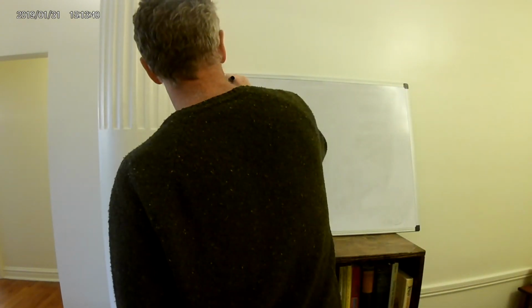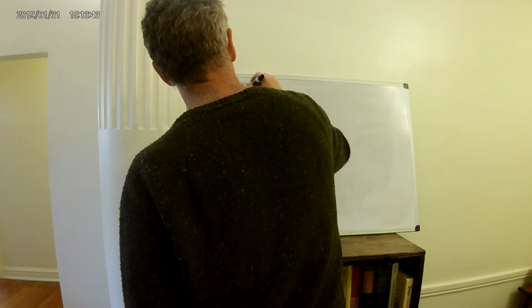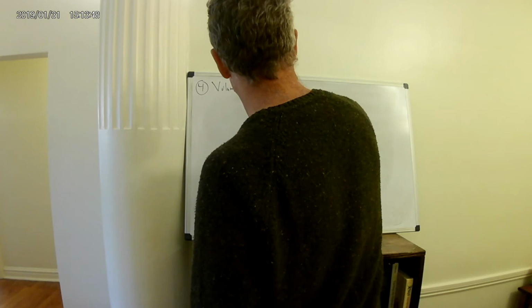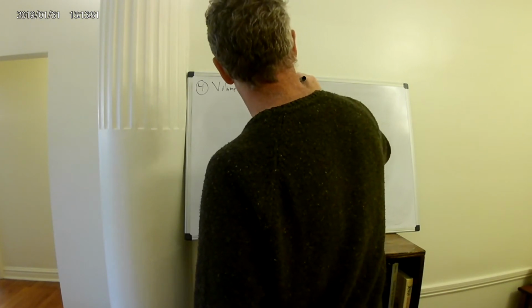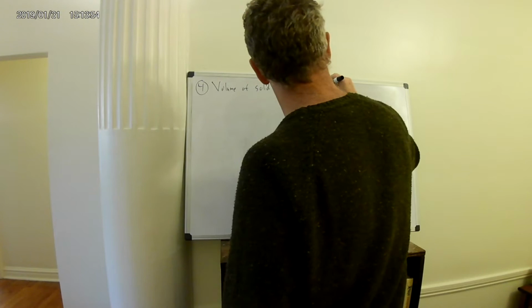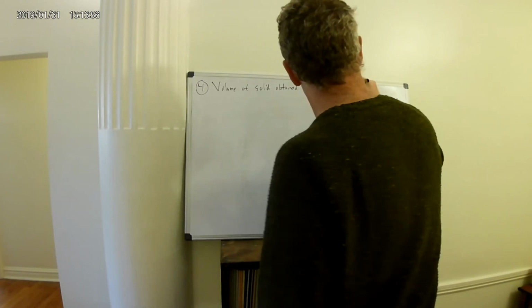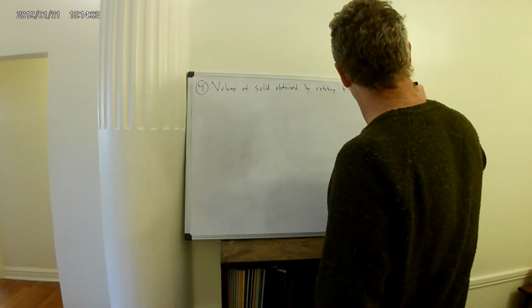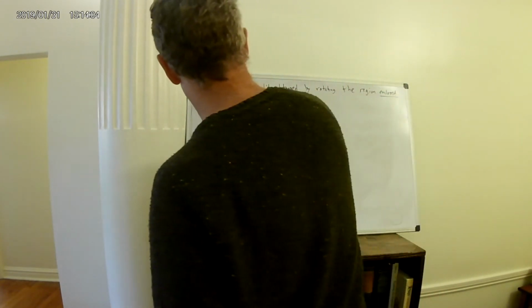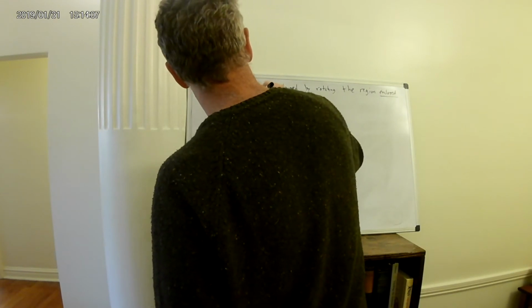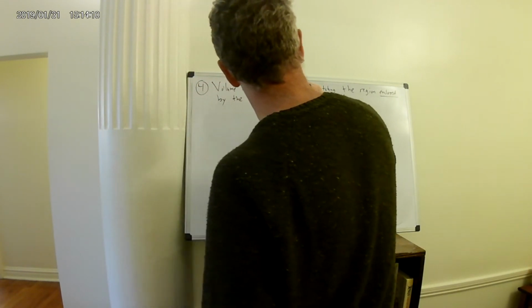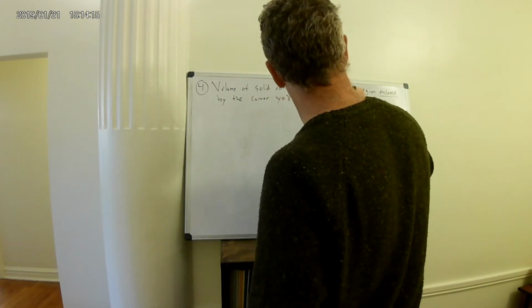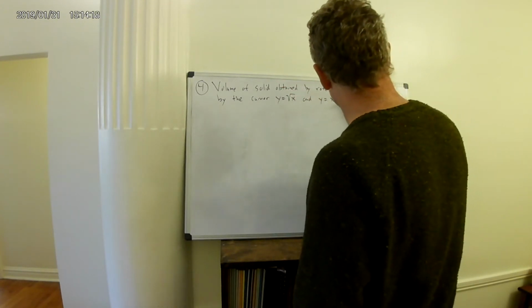So we want to calculate the volume of the solid obtained by rotating the region enclosed by the curves y equals square root of x and y equals x squared about the x-axis.